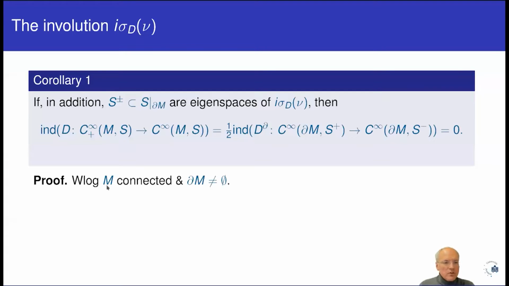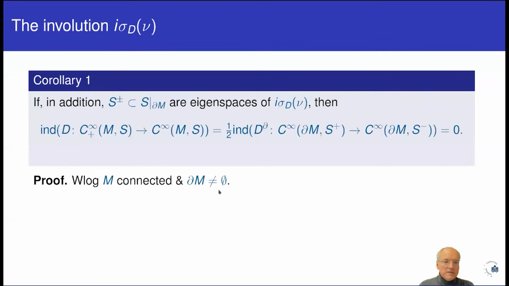Well, without loss of generality, I can assume that M is connected, because otherwise I just look at each connected component separately. And I can also assume that the boundary is non-empty, because in the closed case, the thing is clear: you just have the index of a Dirac operator on a closed manifold without chirality decomposition, and that is 0.